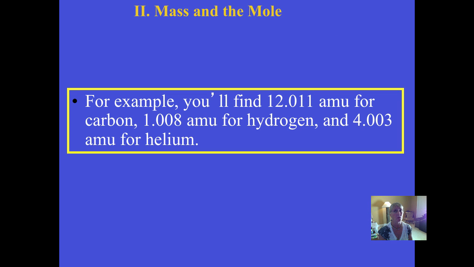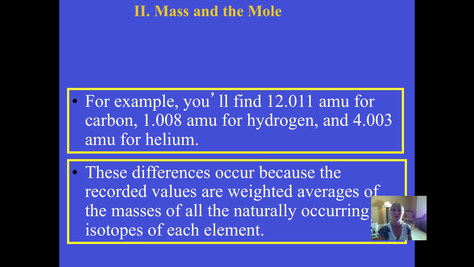Now again, we don't use individual atom masses very often at all, only in a few problems in this unit, and then we're done. And you'll see these numbers someplace special: you can find that there are 12.011 atomic mass units for a carbon atom, 1.008 for hydrogen, and 4.003 for helium.